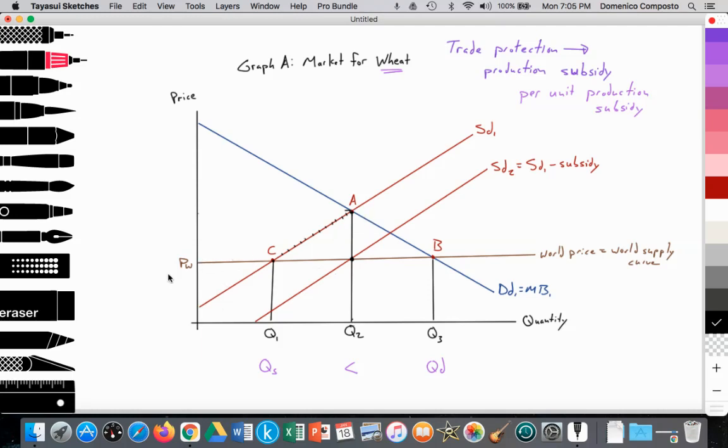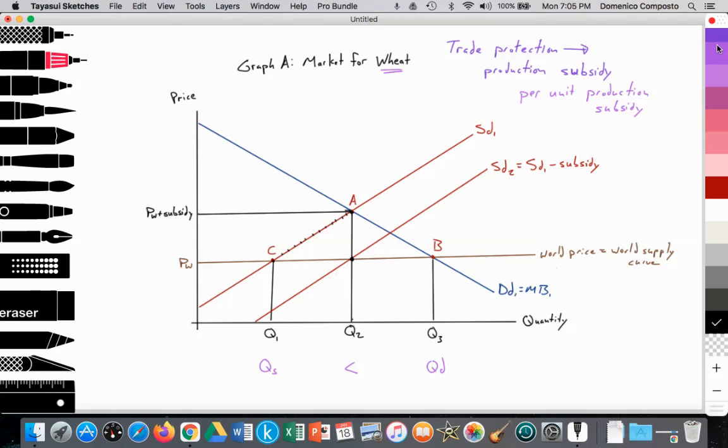We can also label this area here as price at world plus the subsidy. The distance between here and here is the value of the subsidy multiplied by the number of units being produced at Q2. Okay?